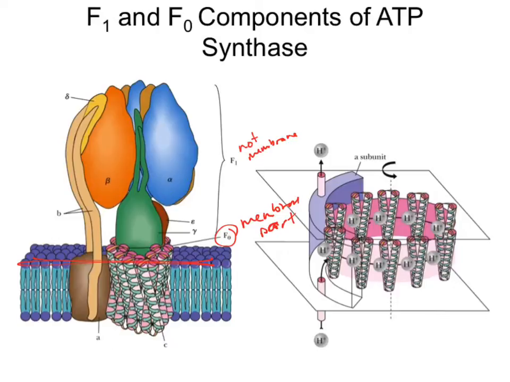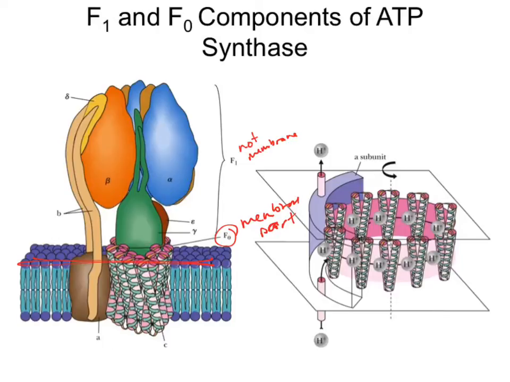The F1 is on the inside, and it's doubly inside: not only inside the outer shell of your mitochondria, it's also inside that inner membrane.